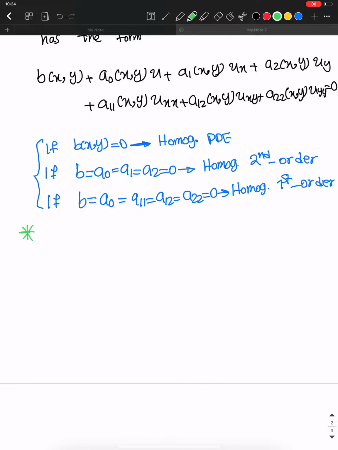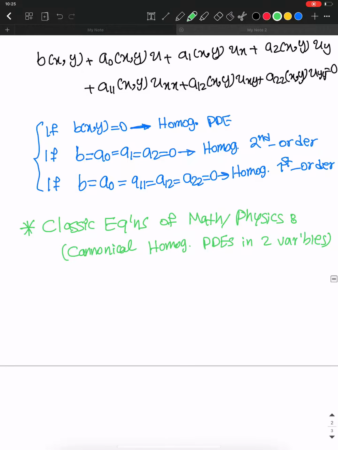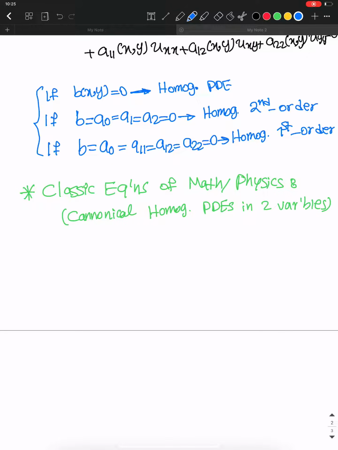Okay, so let's see what these important equations are.